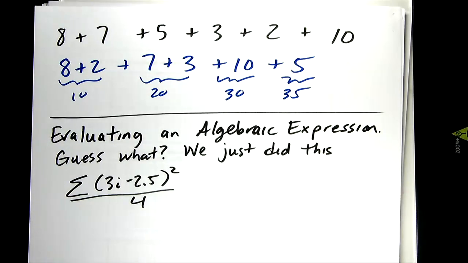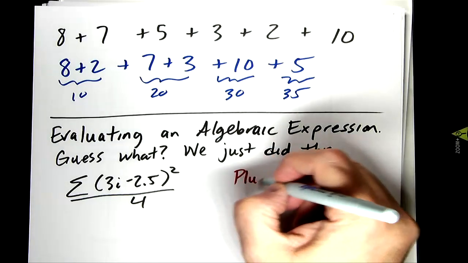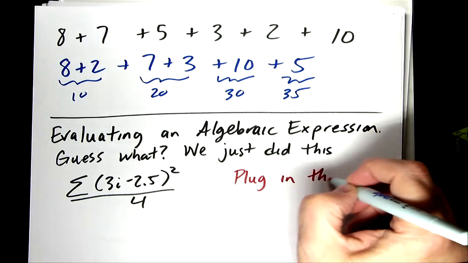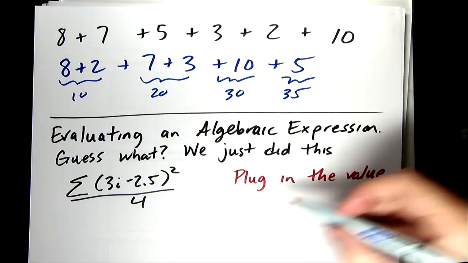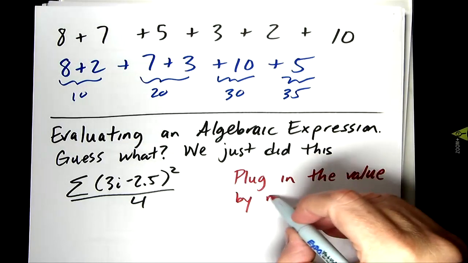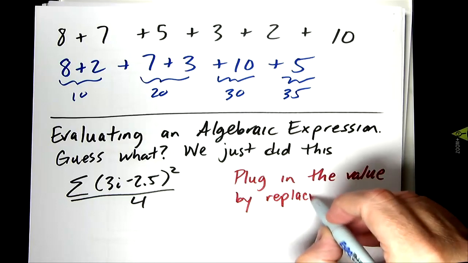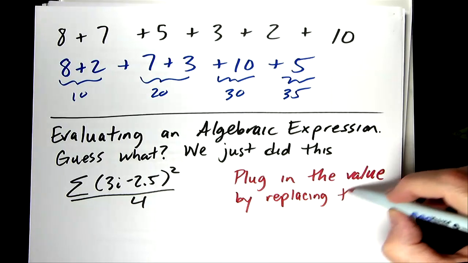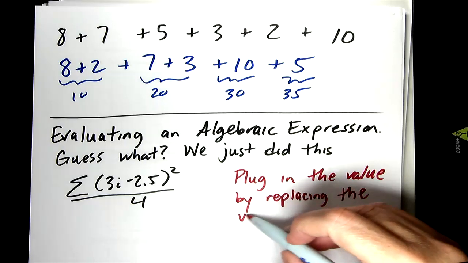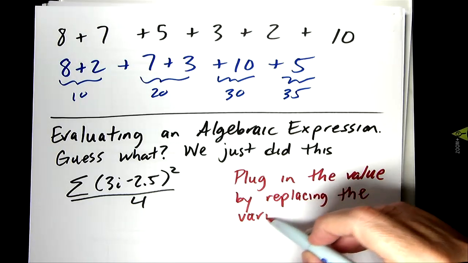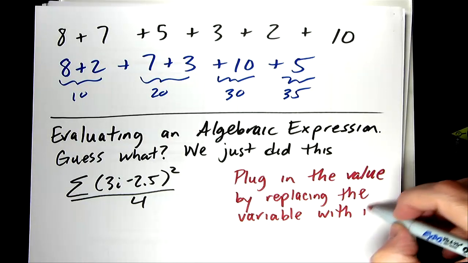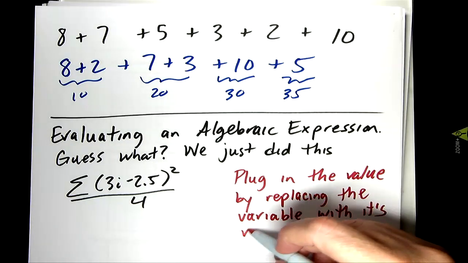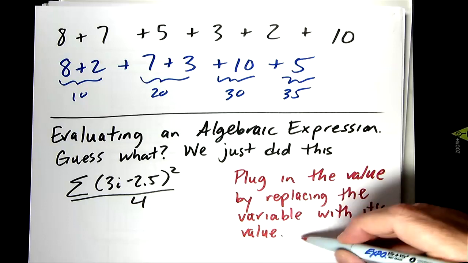What evaluate means is plug in the value and simplify. Plug in the value by replacing the variable with its value, and then simplify.